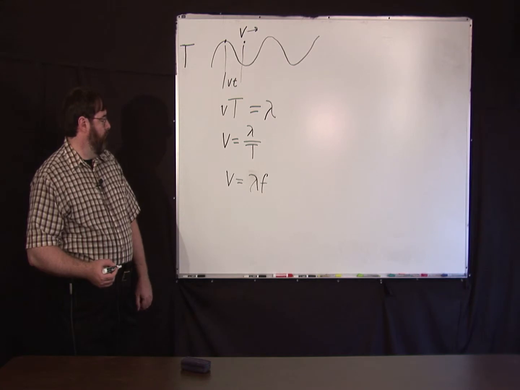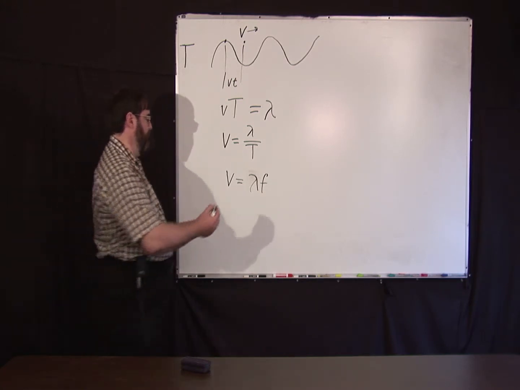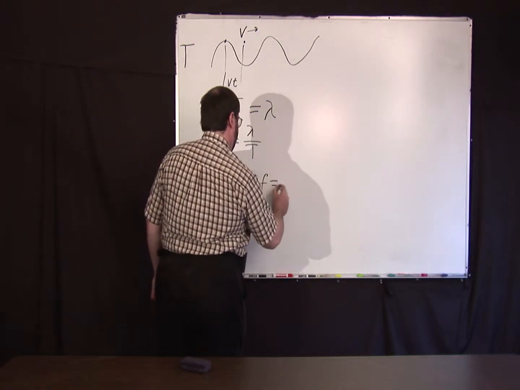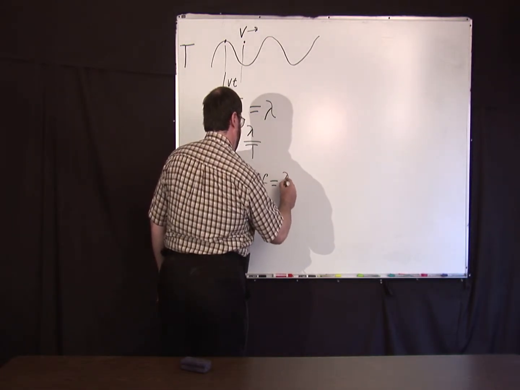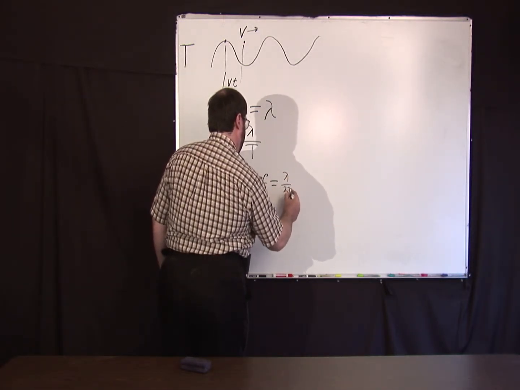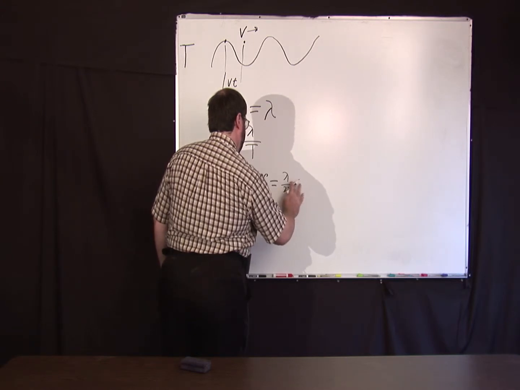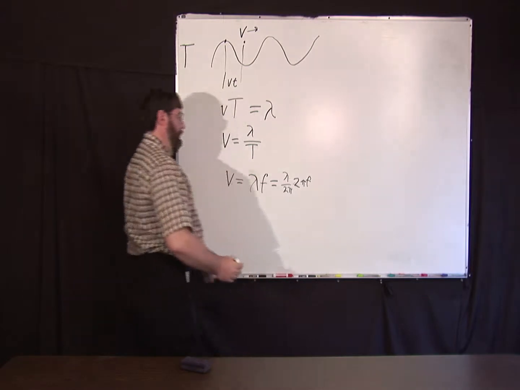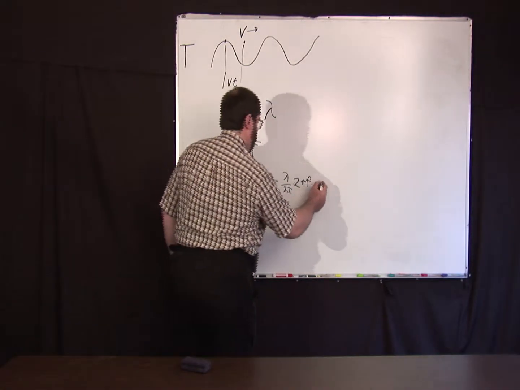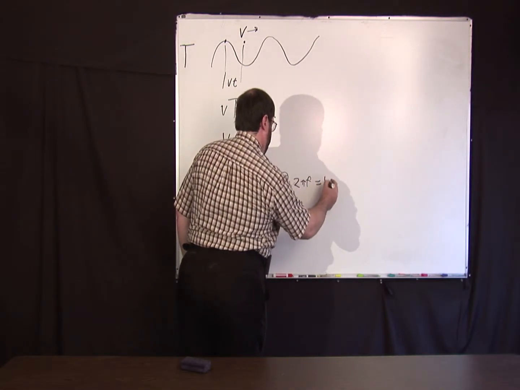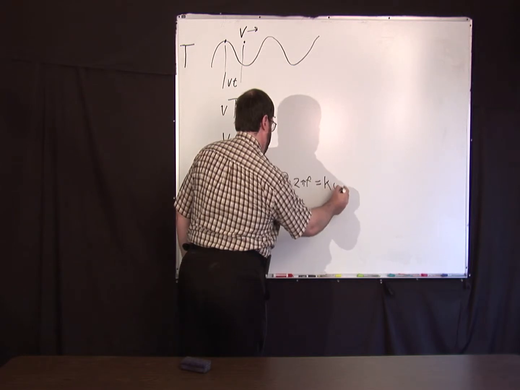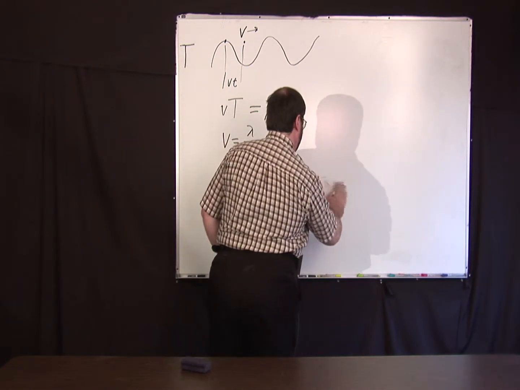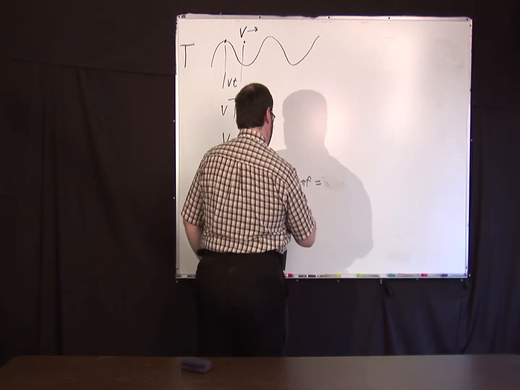So let's do some funny things here, like divide and multiply by 2 pi. So we've got lambda over 2 pi times 2 pi f. Same thing, right?